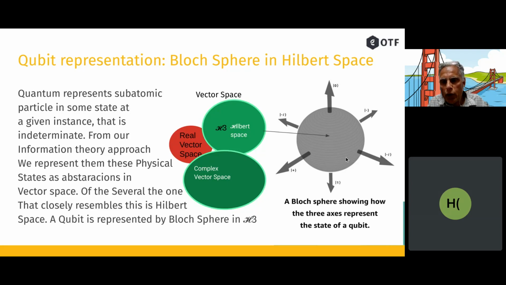So you have ket 0, written as a bar, 0, greater-than symbol, and in the same way ket 1. If you take the z-axis, you get ket 0 and ket 1 pointing top and bottom.